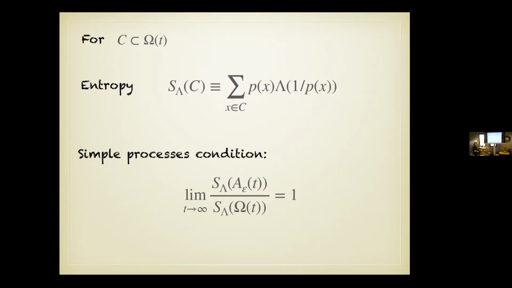But there are plenty of processes where the sample spaces grow super exponentially, like n to the power n or n factorial, and those are still all well behaved, so that we can prove. So all these processes are simple.